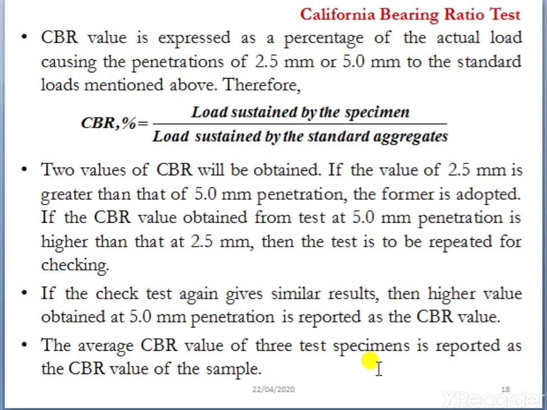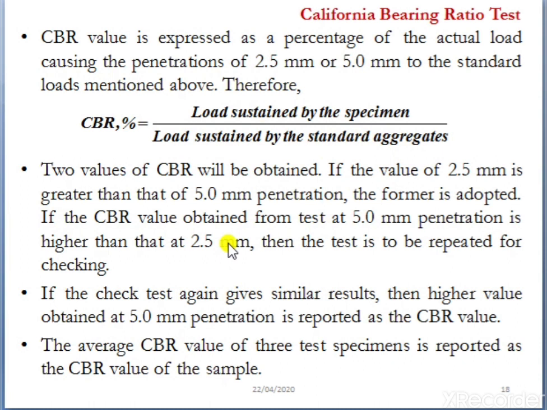So CBR value is expressed as a percentage of the actual load causing the penetration of 2.5 mm or 5.0 mm to the standard loads mentioned above. Therefore, CBR is equal to the load sustained by the specimen divided by the load sustained by the standard aggregates.